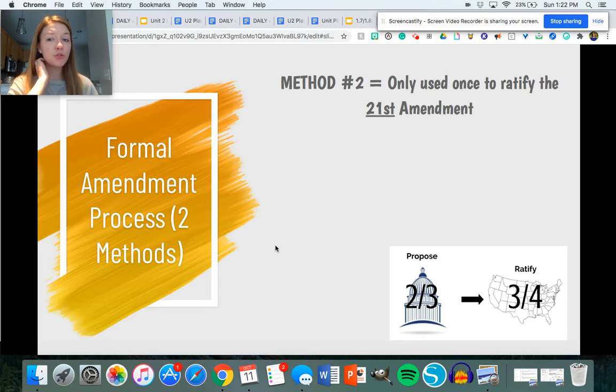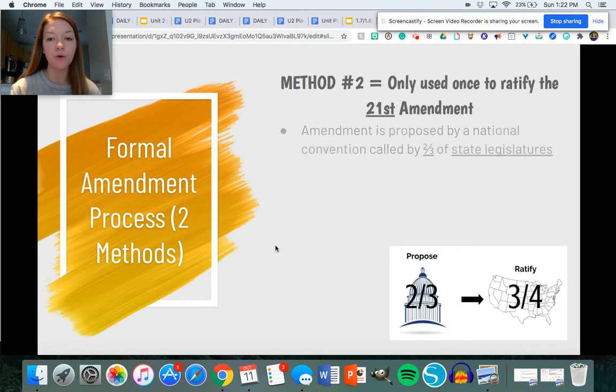Now, method number two has only been used once, to ratify the 21st Amendment. So this one is definitely not as common, but I did want to share it with you. Again, it has to be 2/3 to be proposed, but instead of by Congress, the amendment might be proposed by a national convention called by state legislatures.